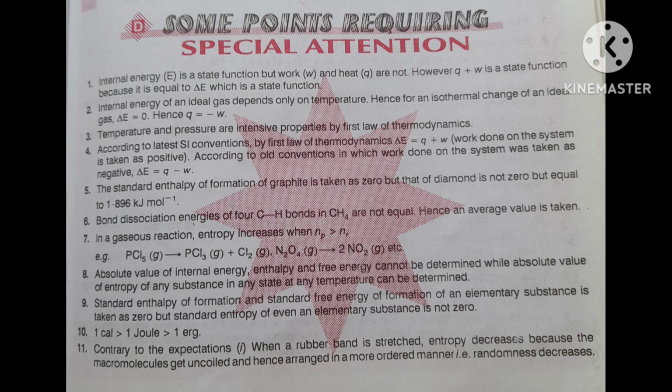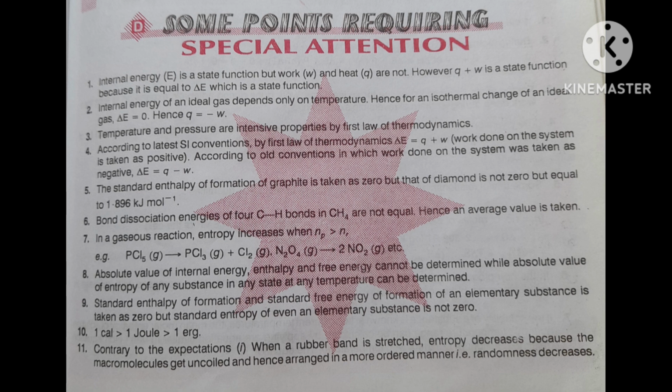N means number of moles, p means product, and small r means reactant. If the number of moles of product is greater than the number of moles of reactant, then in a gaseous reaction entropy increases. This is the condition.